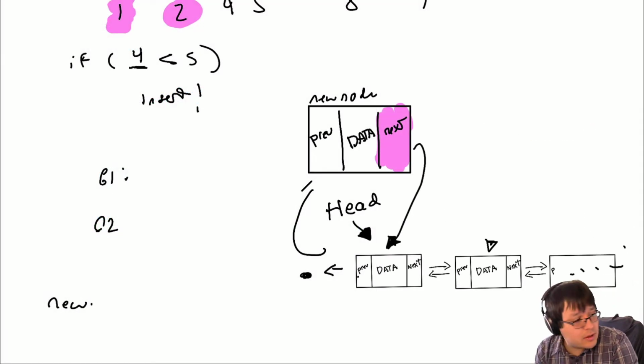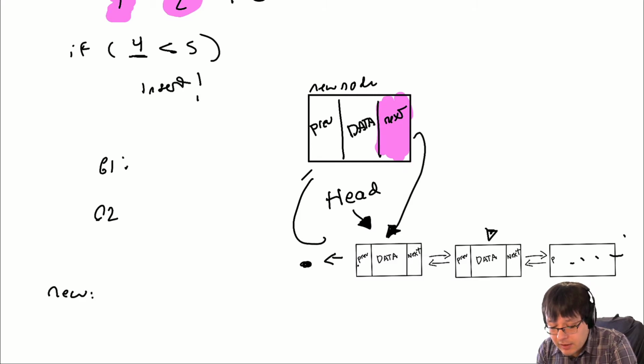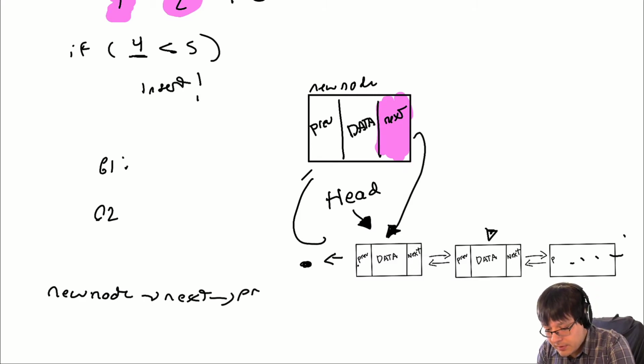I could also do something like new node next previous. I could have done this method here as well to access the previous pointer of the current head.